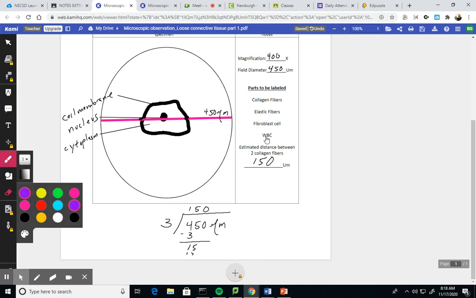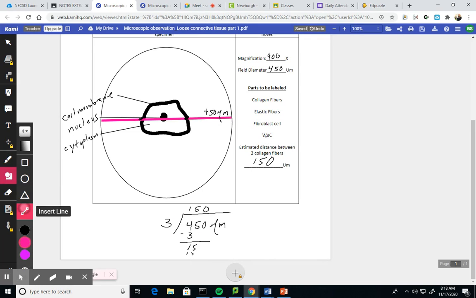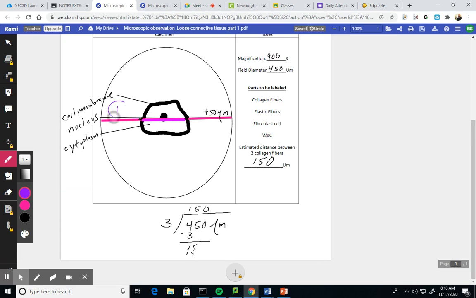So then the estimated size of this cell from here to here is going to be 450 divided by, we estimated that we could fit 1, 2, and probably a third one here, right? So 450 divided by 3, we estimate that this size from here to here is about 150 micrometers. Okay.